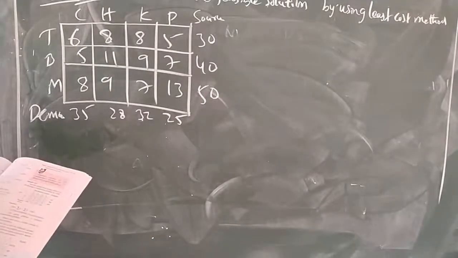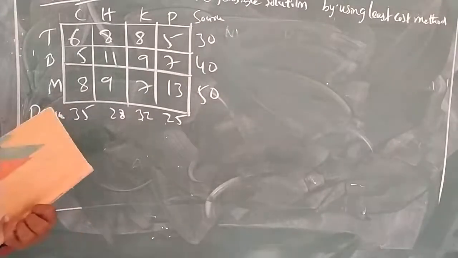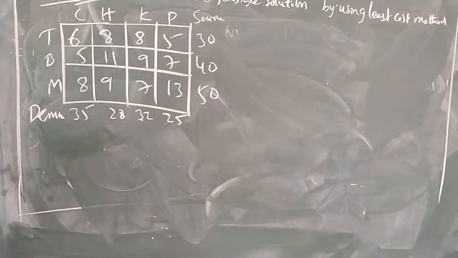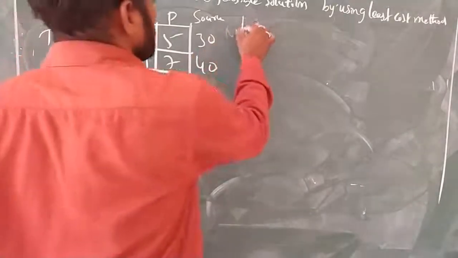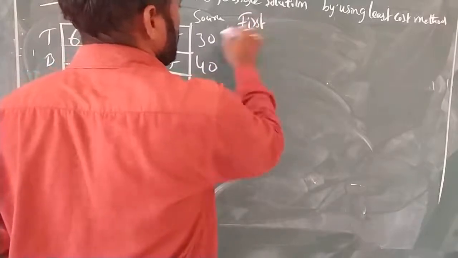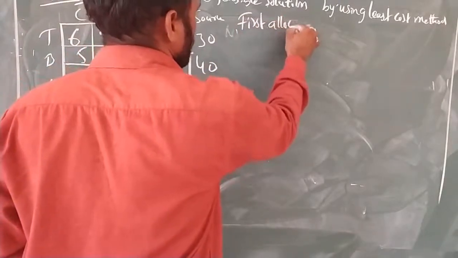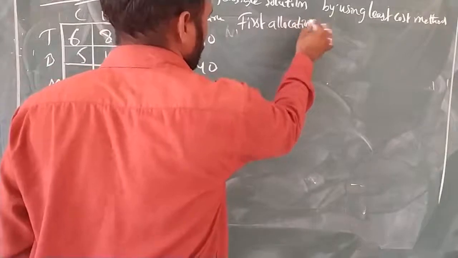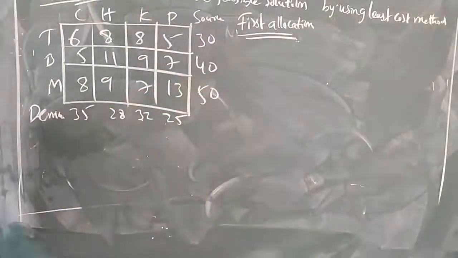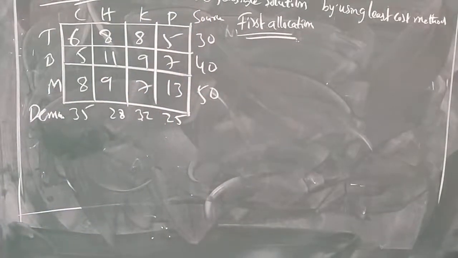Okay. Now let us start with the allocations. So see here, we will write like this: first allocation. Instead of erasing the boxes, we will write like this: first allocation. Previously, like the least cost method, how to do this? Listen carefully.